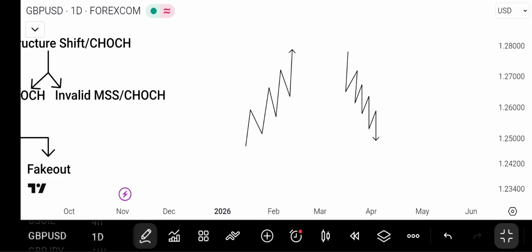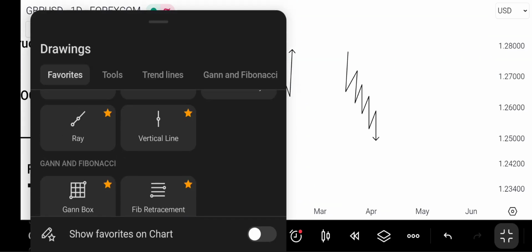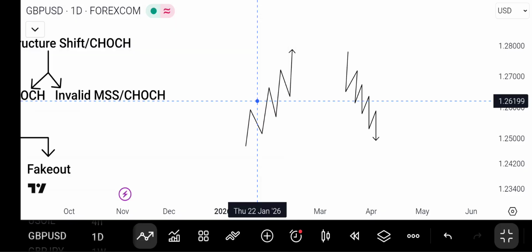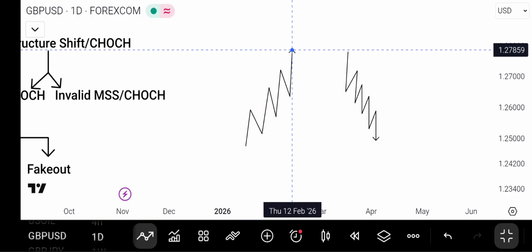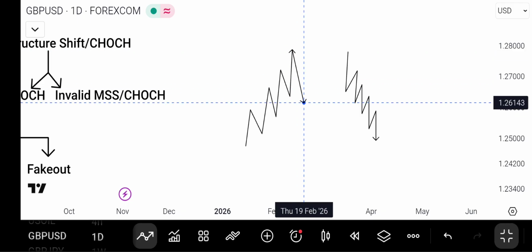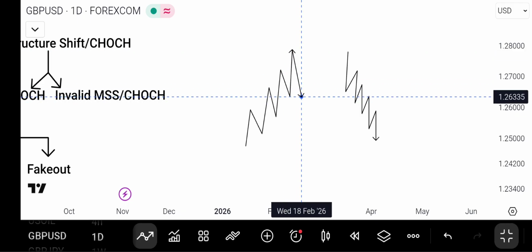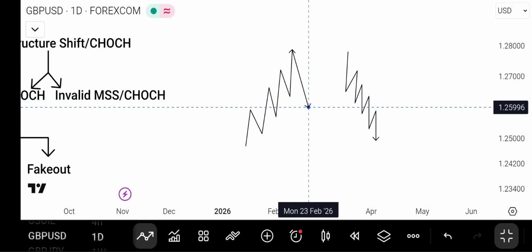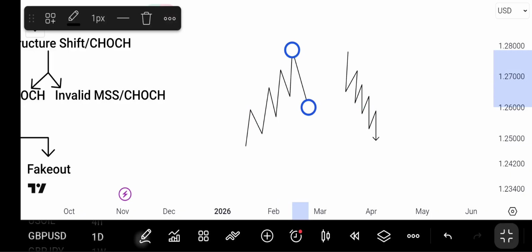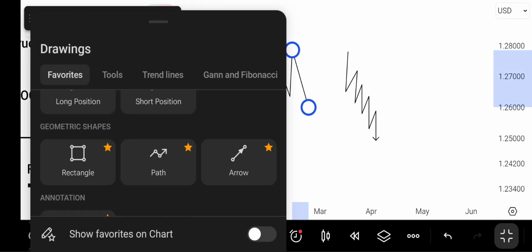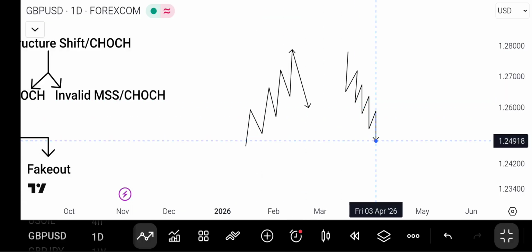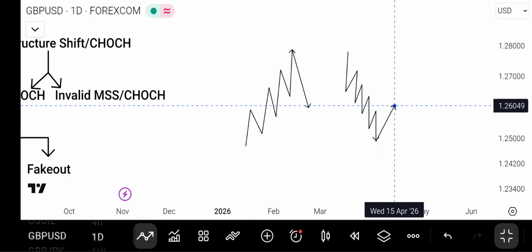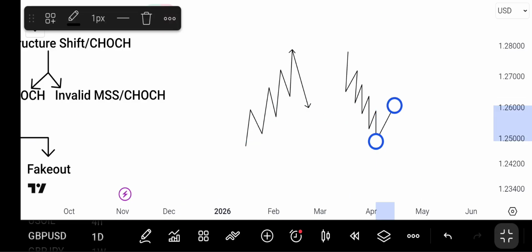Because in the video we all watched about the mentorship, we all learned that if an uptrend takes out this low, then it's a market structure shift. Or if a downtrend takes out this high, then it's a market structure shift.